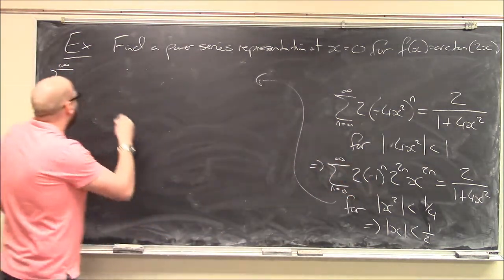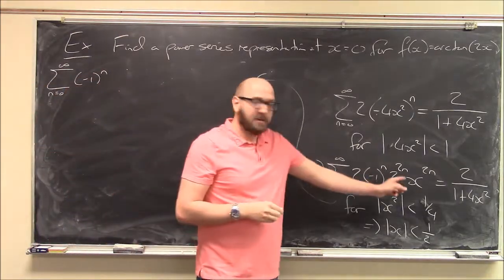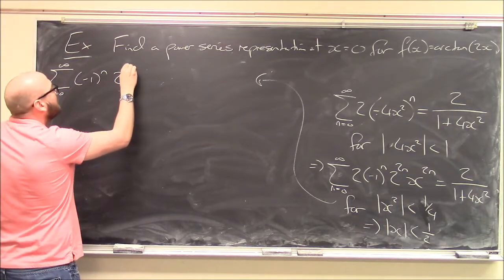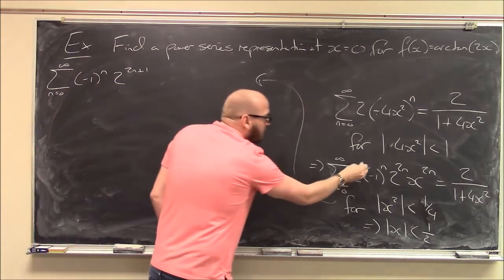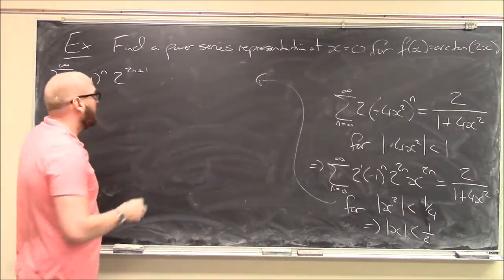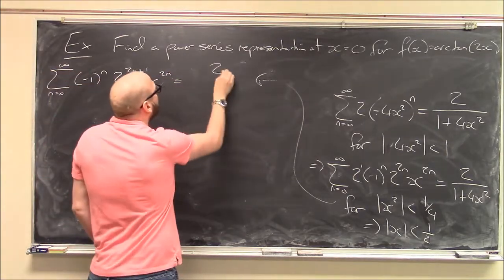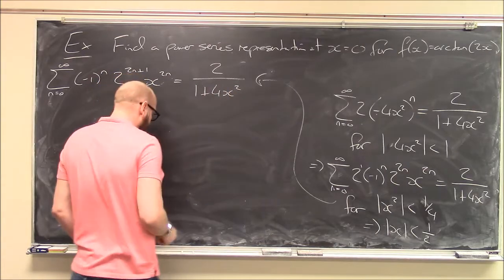It's sort of customary to do that if you have it, so minus 1 to the n first. 2 times 2 to the n, that's 2 to the 2n plus 1, right? Adding the exponents, this is 2 to the 1. So you add the exponents together there, times x to the 2n, that equals 2 over 1 plus 4x squared.